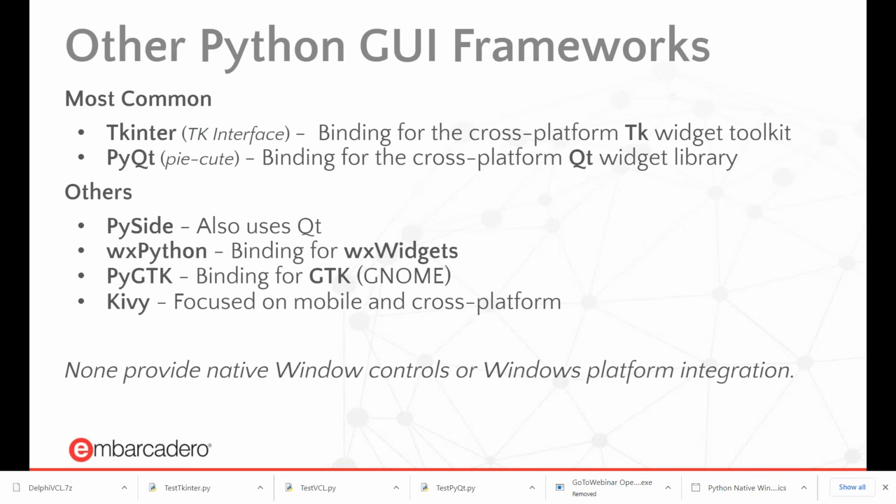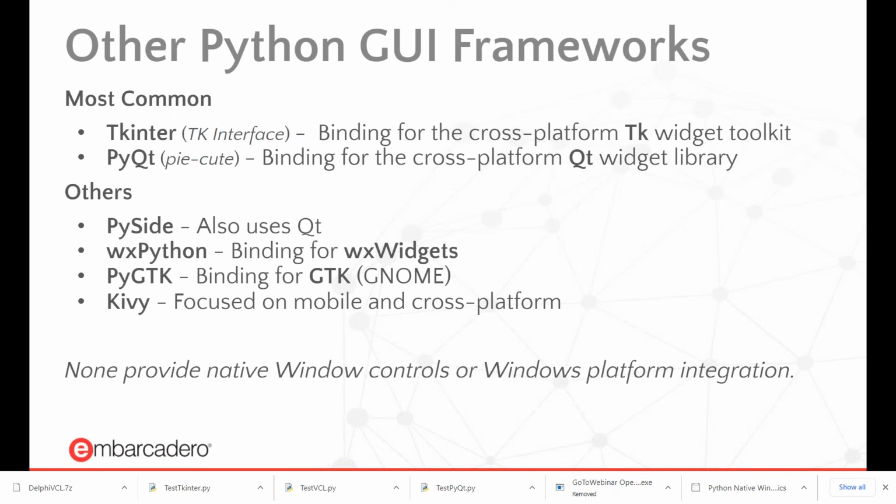It's another cross-platform library which is also written in C++. The next one is GTK. It is a binding for GTK on GNOME. So yeah, everything is wrapped around some cross platform library which is already written in C or C++, and these Python modules have been built.